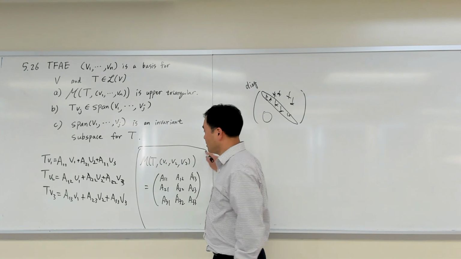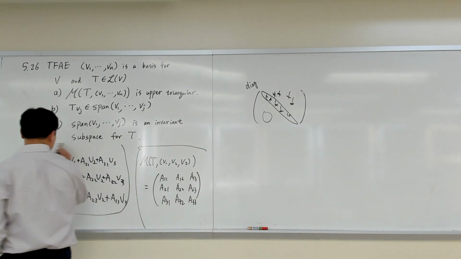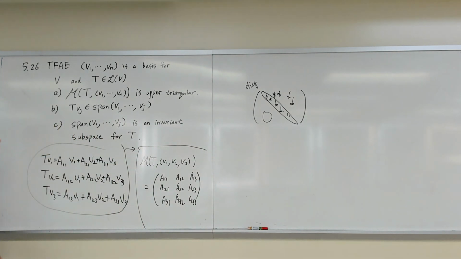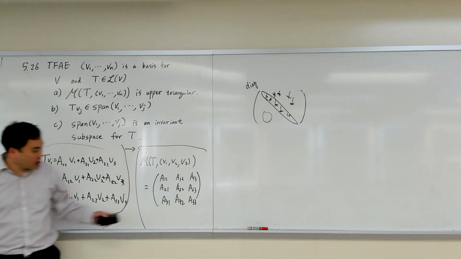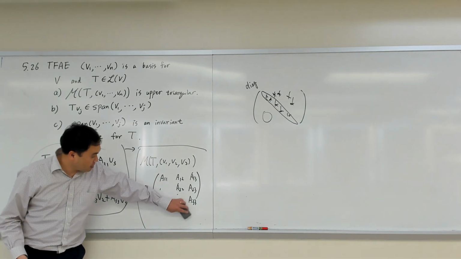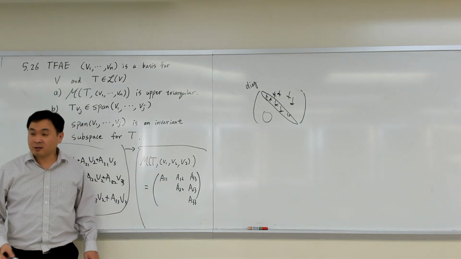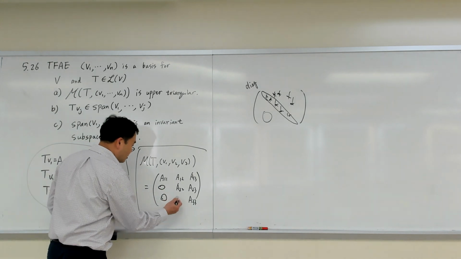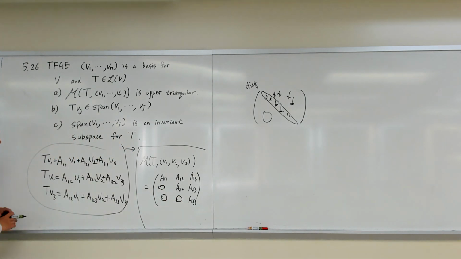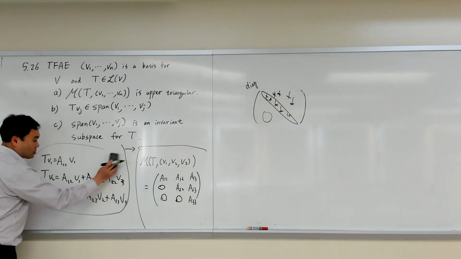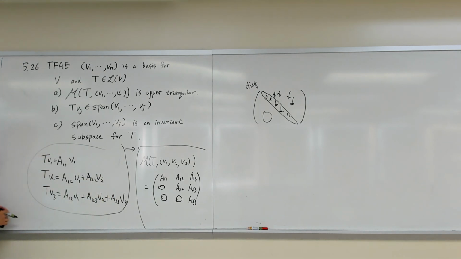Once you know this, what does it mean to be upper triangular? Well, upper triangular means these are 0. That means a21 has to be 0, a31 and a32 have to be 0. And that's it, that's the proof.